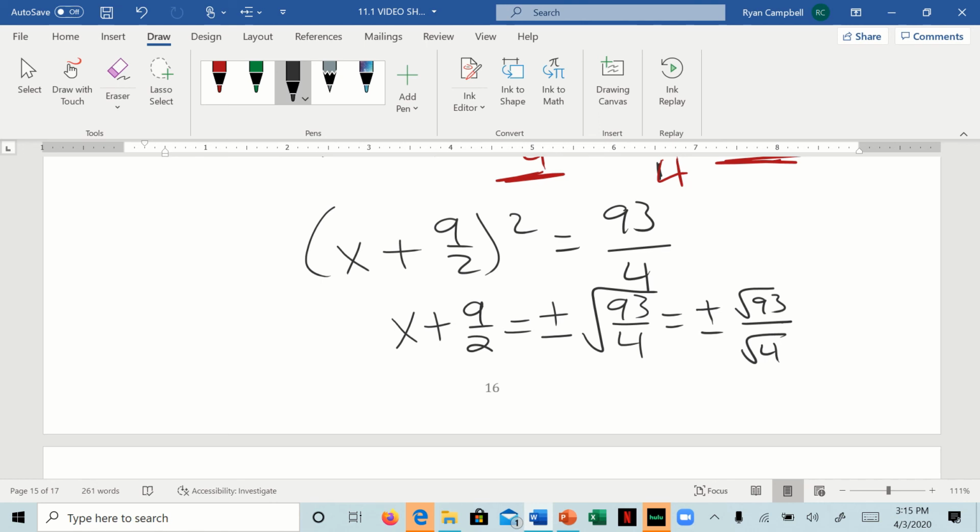Well, the square root of 4, can that be simplified? Yeah, that's 2 and 2, right? So you can take out a 2. Can 93 be simplified? So that's 3 and 31. 31 can't simplify anymore. 3 can't simplify anymore. So that's simplified as far as it goes. So we see that that's plus or minus the square root of 93 over 2.